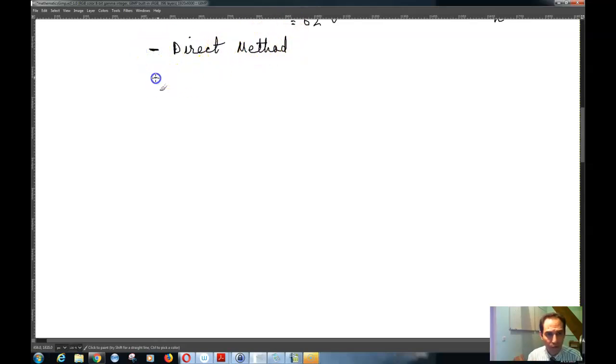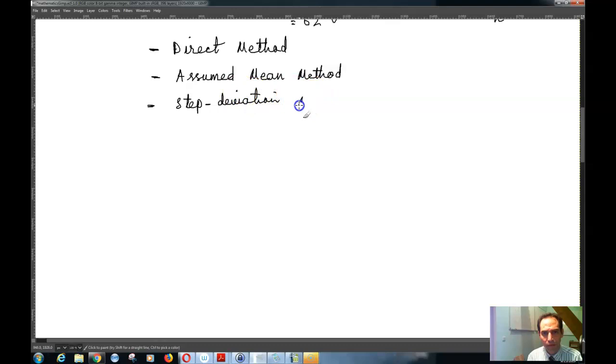We had the direct method, we had the, what was the name? The assumed mean method, and there was also the step deviation method. So these are the methods that we discussed so far.